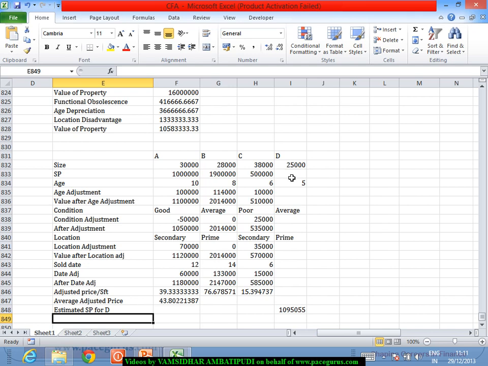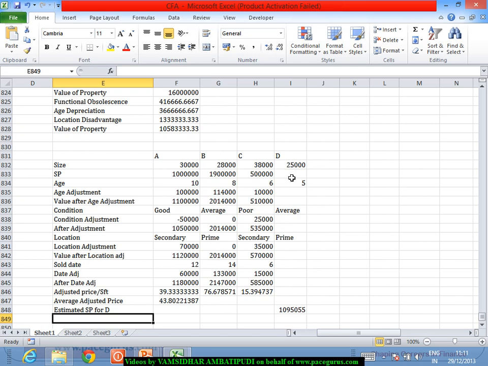So adjust all the characteristics of the comparable property to the property for which we are doing the valuation. Based on that, arrive at what their prices would have been if all the features were similar to our own property, and based on that adjust their prices and use those adjusted prices to find the price per SFT.